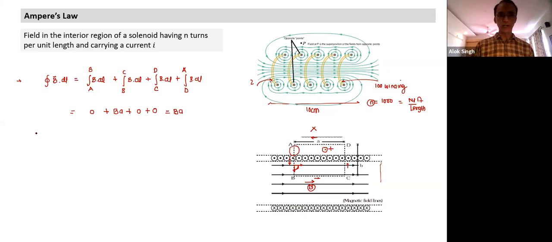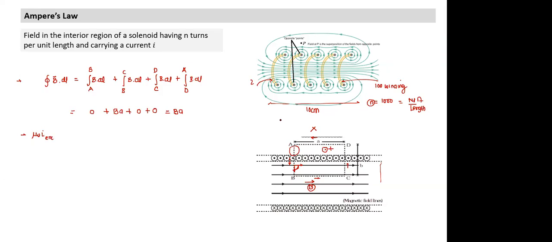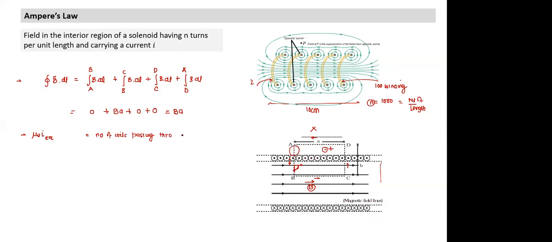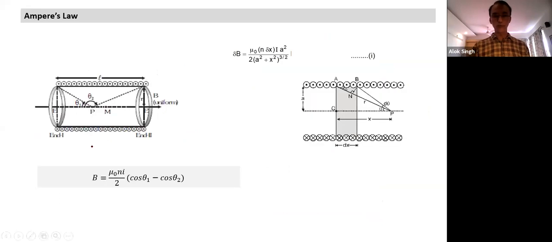So we evaluated the left hand part. For the right hand part, we now have to evaluate mu naught into the current enclosed. Each dot we see here represents a current of I. So I have to look at I into how many coils are contained within a length equal to A. So the current will be equal to the number of coils passing through length A into I. What is the number of loops passing through A?